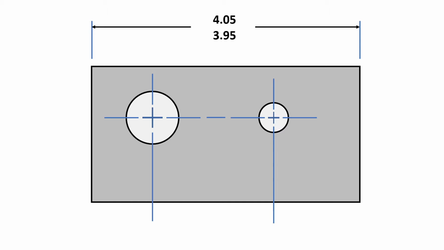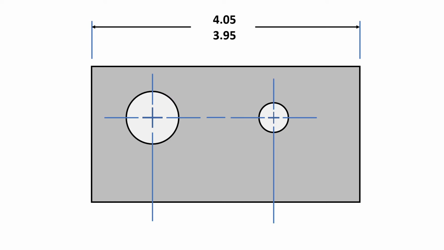But if there is a difference of plus 50 thou or minus 50 thou, then that means that the tolerance is the total permissible variation.